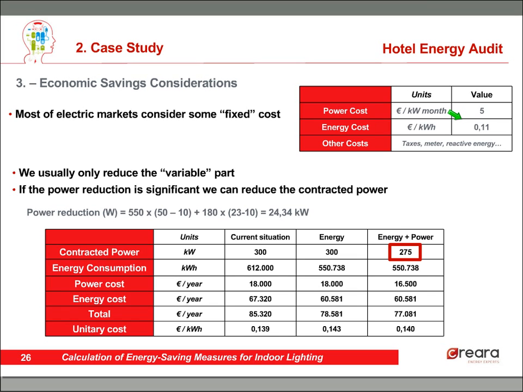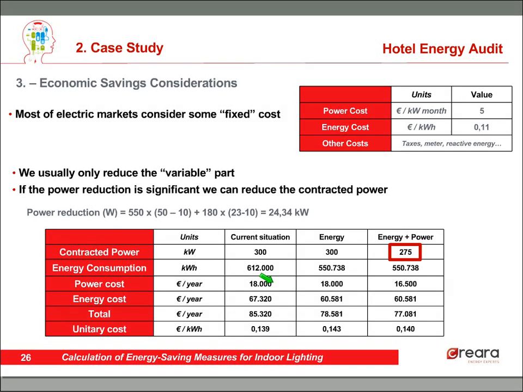We also have other costs, such as taxes, the meter, the reactive energy, but we're only considering these two, the power and the energy. So we have a contracted power of 300 kilowatts and an energy consumption of 612,000 kilowatt hours. The power cost would be 300 times 5 times 12 months a year.